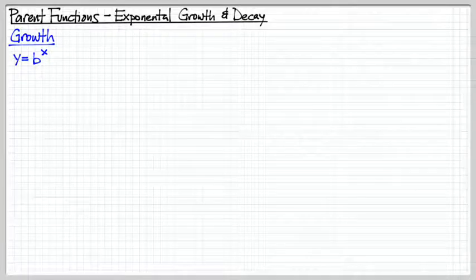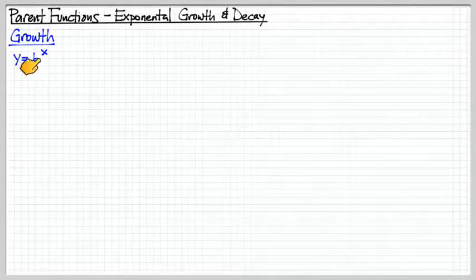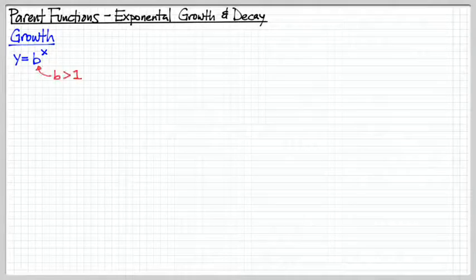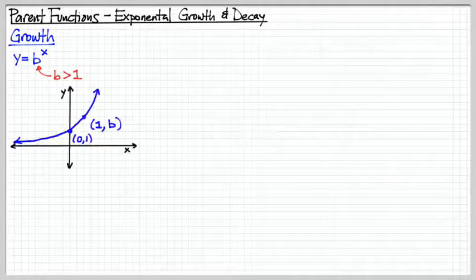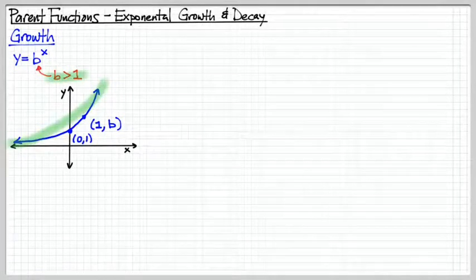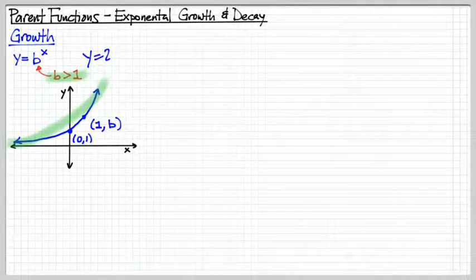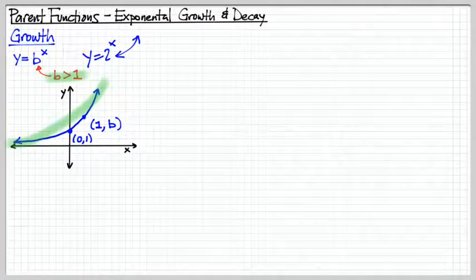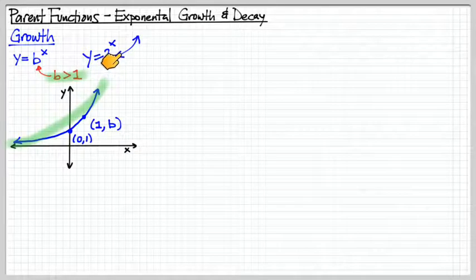So let's look at the standard equation here. y is equal to b to the x power. And whenever the value b is greater than 1, it's a growth type of function. It's going to be growing whenever b is greater than 1. For example, the previous one, y is equal to 2 to the x power, that was our growth function, multiplying by 2 every time we go over by 1 unit.